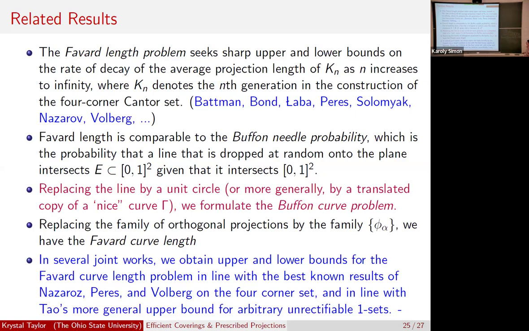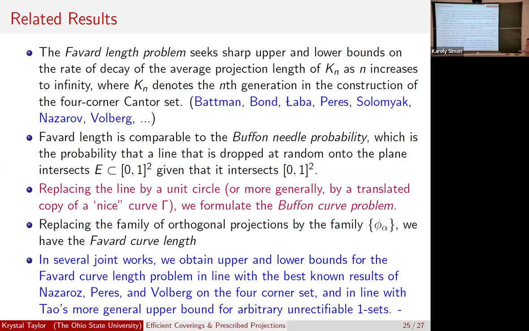Indeed, we can do this. We replace the family of orthogonal projections again by these wonderful maps, the P alpha that we looked at earlier, and we get the so-called Favard curve length, which corresponds, just as in the linear setting, to the Buffon curve probability.